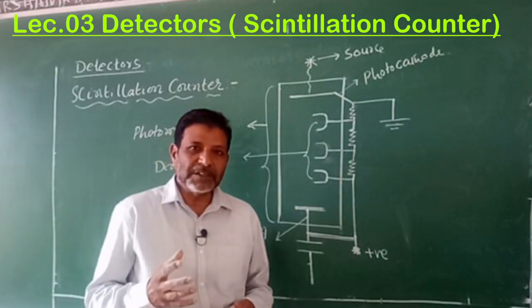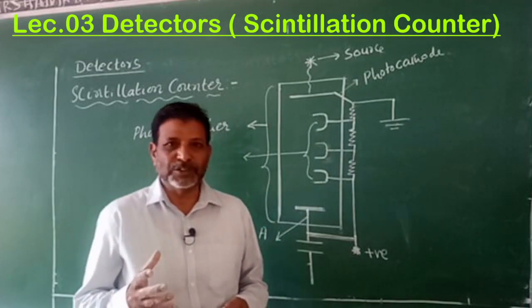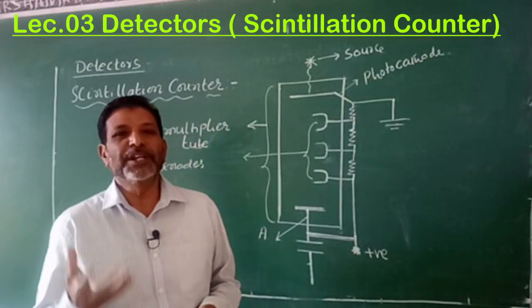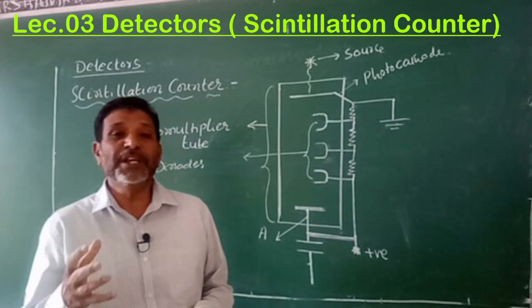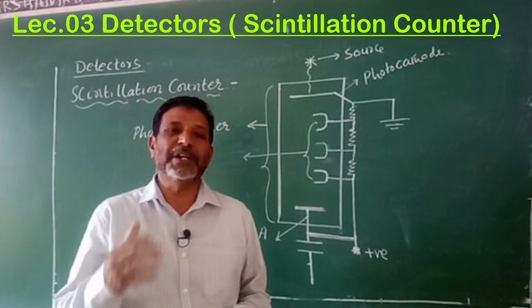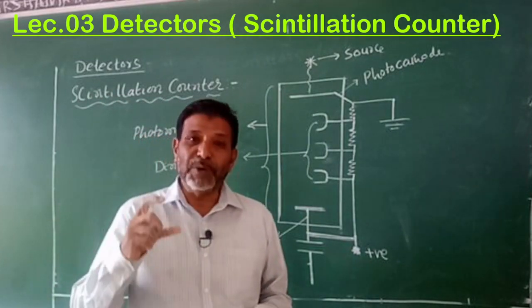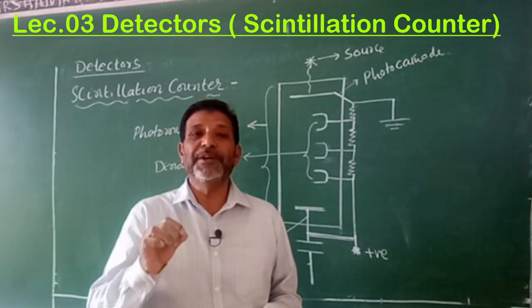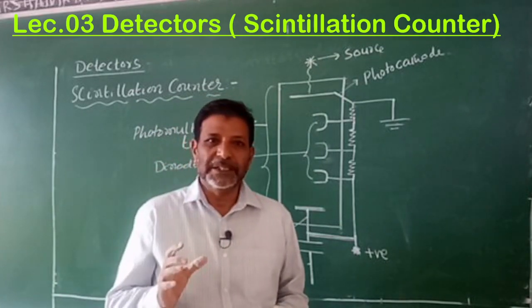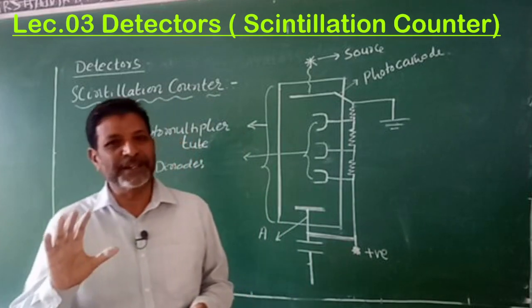The detectors are the devices which are used in order to find how many particles are emitted in a given time from a radioactive material. Those devices are named detectors.